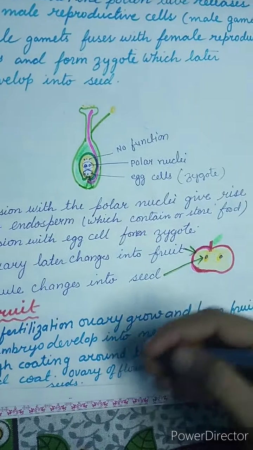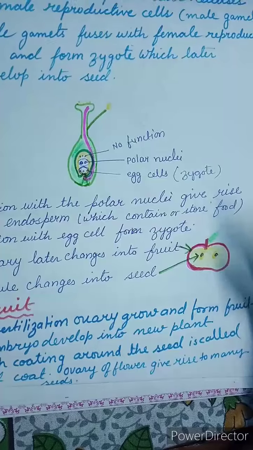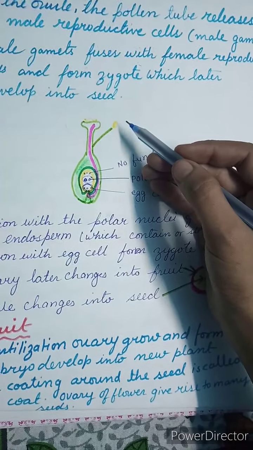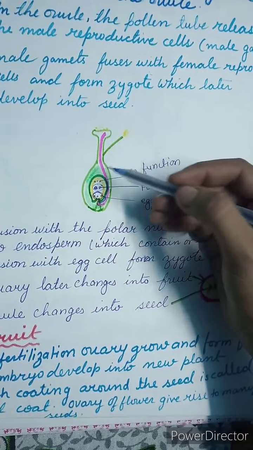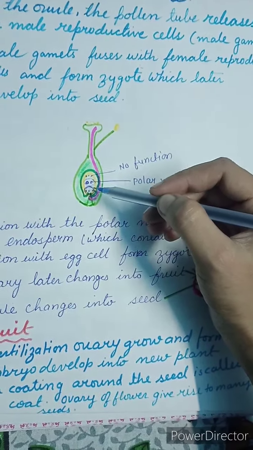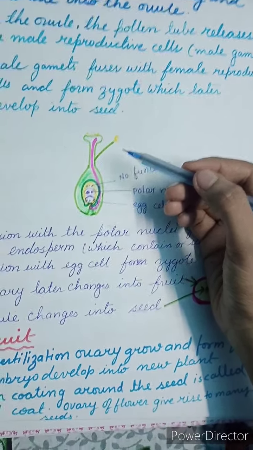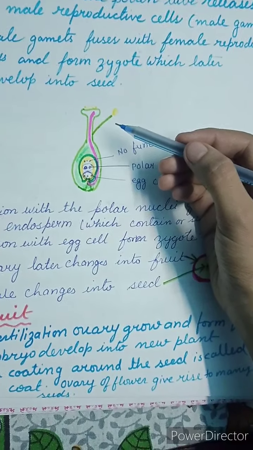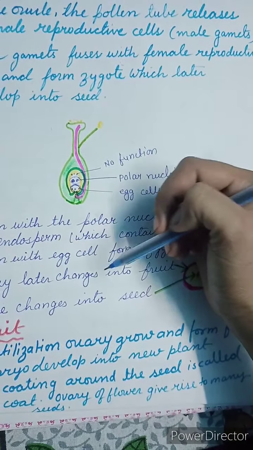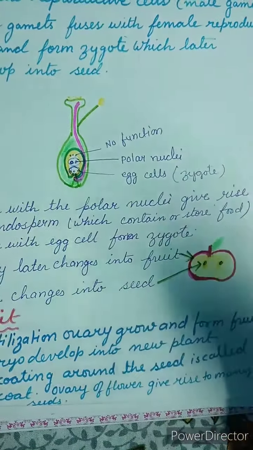So actually all the ovules present in the ovary of a flower get fertilized by pollen grains and grow into new seeds. Thus the ovary of the flower may give rise to a number of seeds.